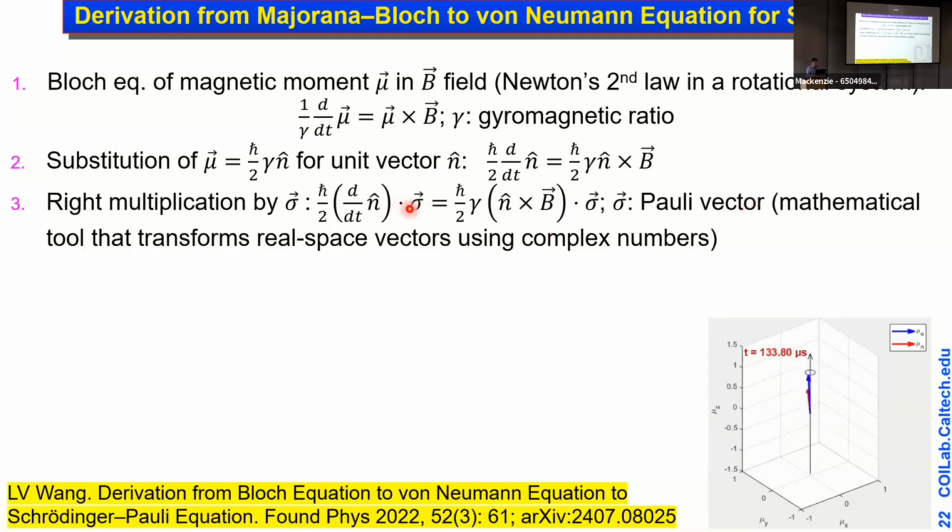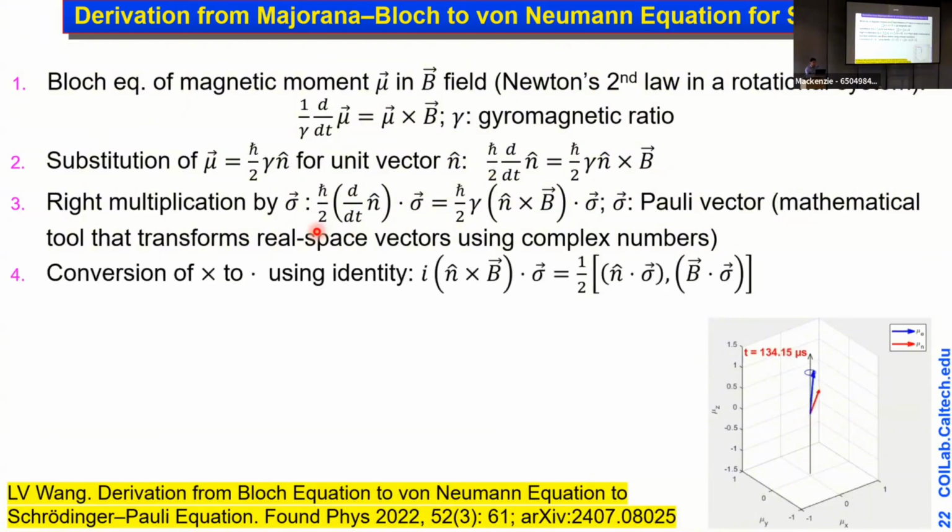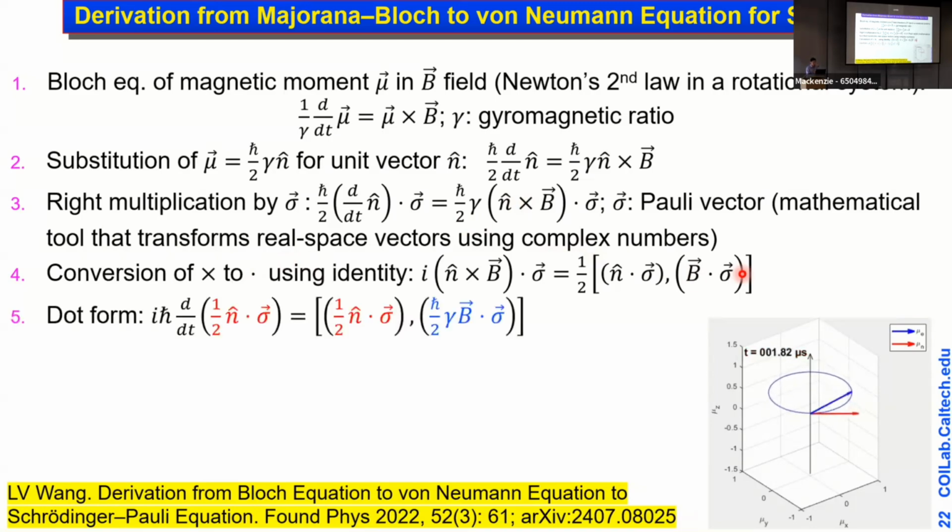So we're allowed to right multiply the Pauli vector to this Bloch equation, the one above right here. There's a mathematical identity that allows us to convert this cross product into a dot product. Now the commutator appears, so this starts to look like quantum mechanics. All right, here's the dot form of the Bloch equation. I use color code to signify different types of quantities.